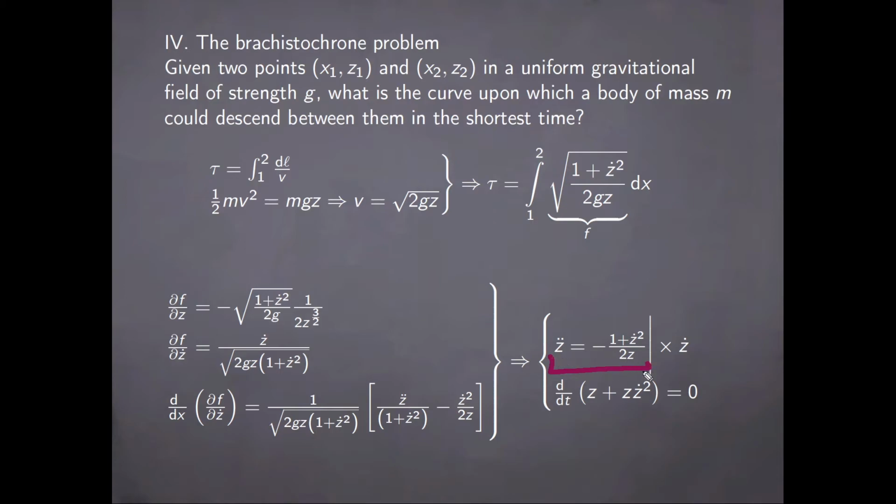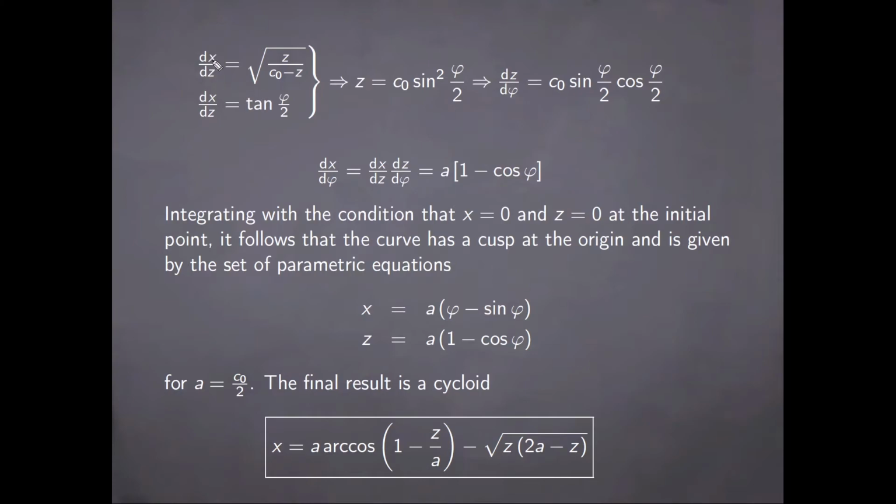And now the trick is that I can simply multiply this with z dot to formally obtain the integral here, which states that this quantity is a constant, which I will call C0. And with this being equal to C0, then I can solve it for z dot and invert it. And the result is the one here.